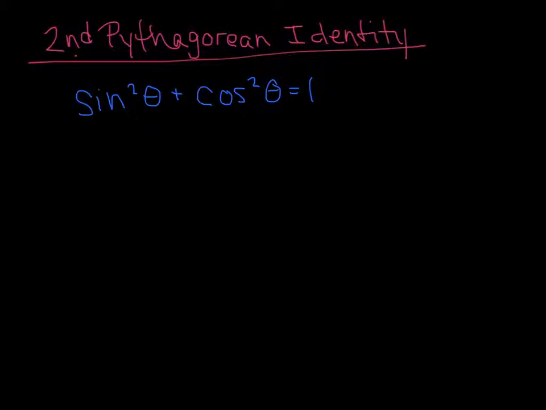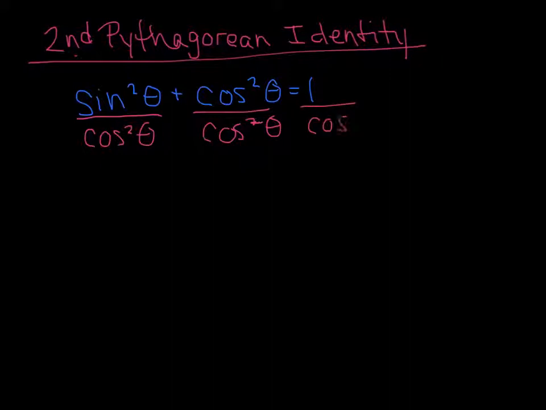So if I take this identity, sine squared theta plus cosine squared theta equals 1, and divide each term by cosine squared theta, I'm going to change it to a different identity, rearranging each term. Since sine squared theta divided by cosine squared theta, sine over cosine, is tangent, I'd have tangent squared theta.